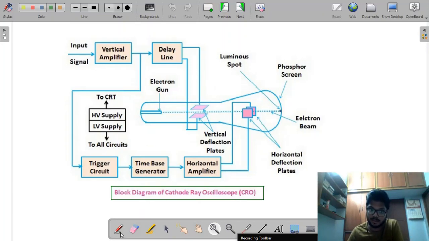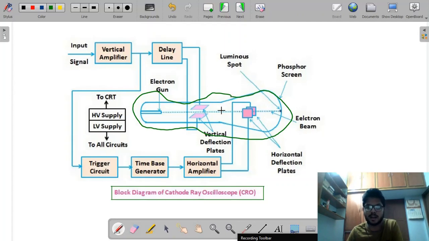In the block diagram, we need to mainly focus on 7 important things. First this one, called the CRT, cathode ray tube. Then vertical amplifier, delay line, power supply, trigger circuit, time base generator, horizontal amplifier. These are the things we need to mainly focus on.